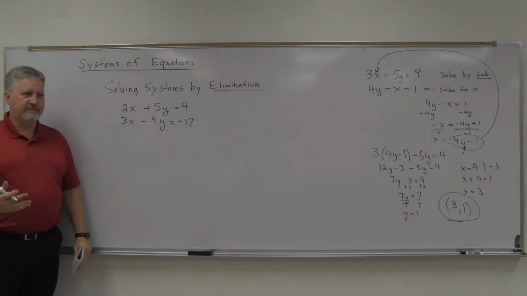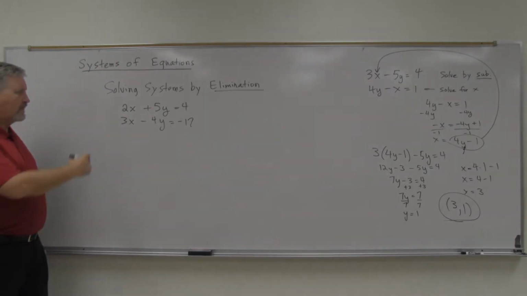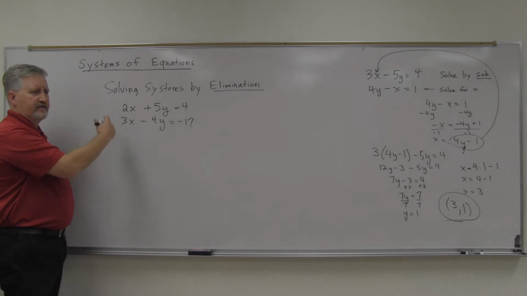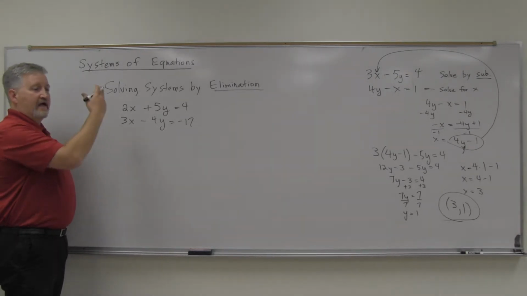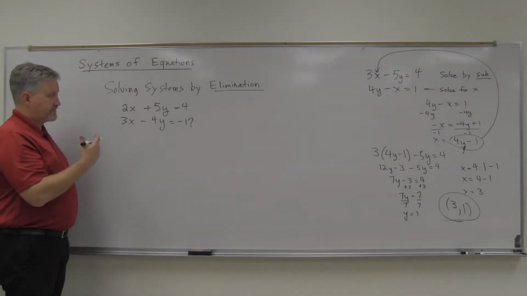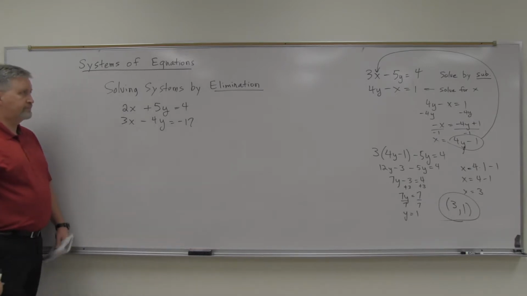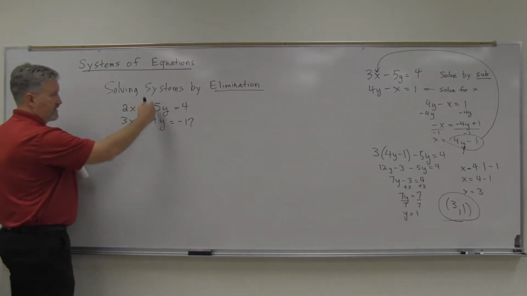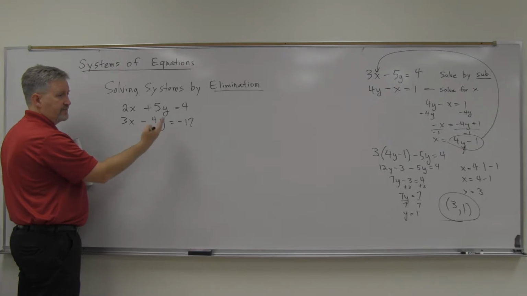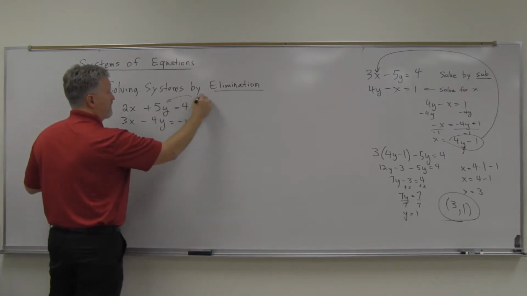So on elimination, the idea is I want to choose one of the variables, the x's or the y's, and eliminate that variable by making the coefficients match. I'm going to eliminate the y's.